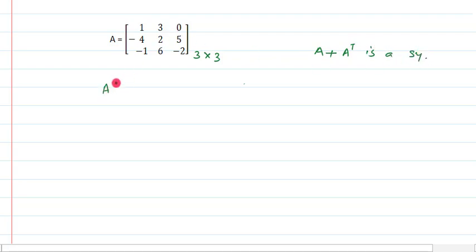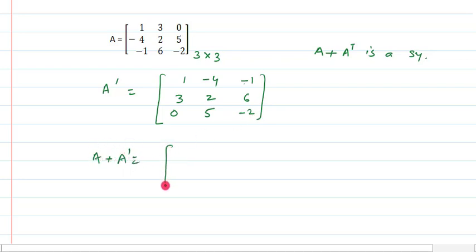So for that, first of all let me calculate A transpose, which is equal to 1 3 0, minus 4 2 5, minus 1 6 minus 2. Now let us calculate A plus A transpose, which is equal to, adding the two, 1 plus 1 is 2, 3 minus 4 is minus 1, 0 minus 1 is minus 1. Then minus 4 plus 3 is minus 1, 2 plus 2 is 4, 5 plus 6 is 11, minus 1 plus 0 is minus 1, 6 plus 5 is 11, and minus 2 twice is minus 4.